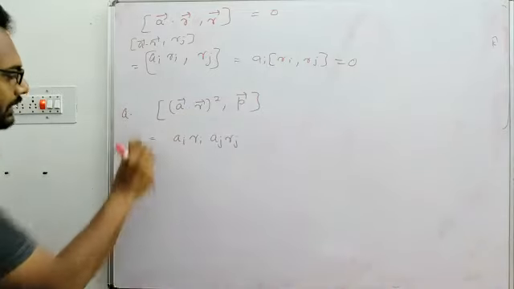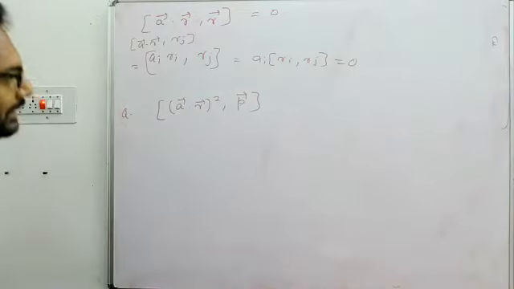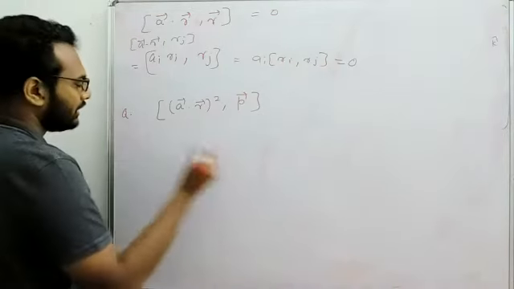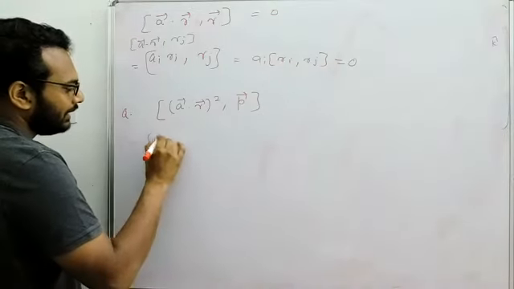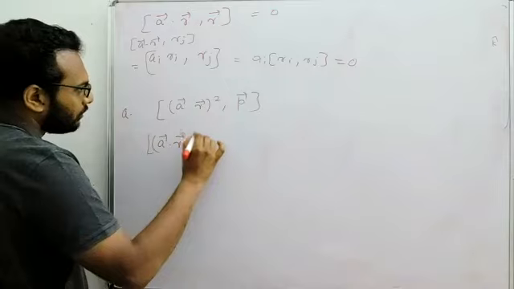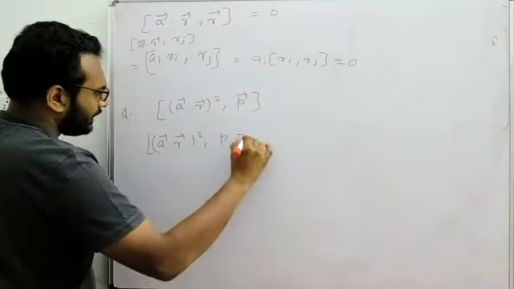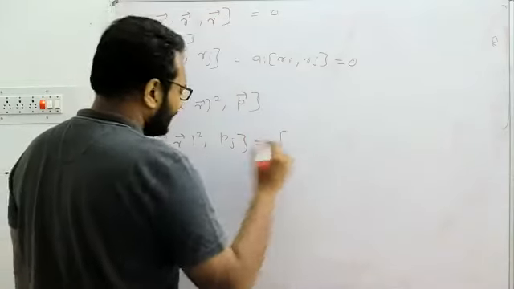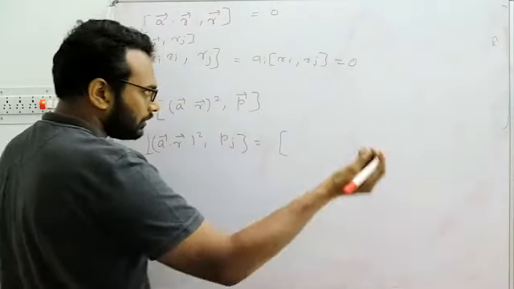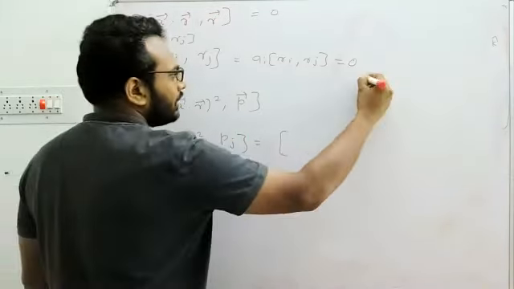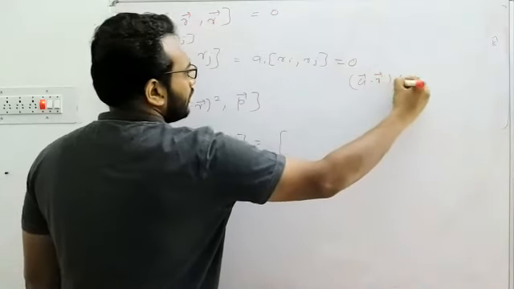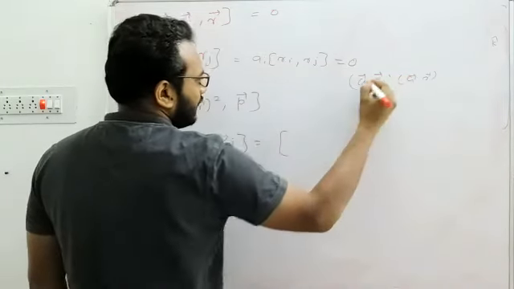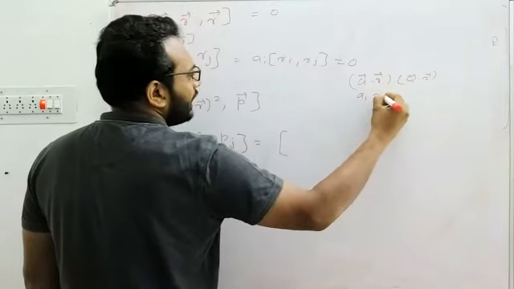So again, let's take the kth component here. So let's say {(A·R)², P_k}. Okay, so this is equal to, we can write (A·R)² as (A·R) multiplied by (A·R). And what's A·R? It's a sum A_i R_i.